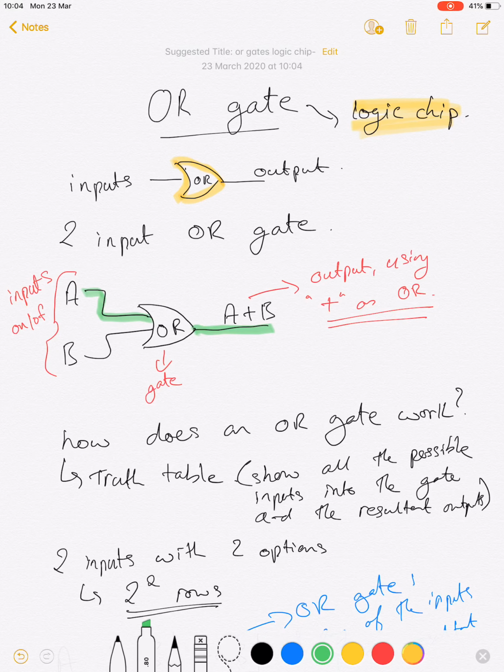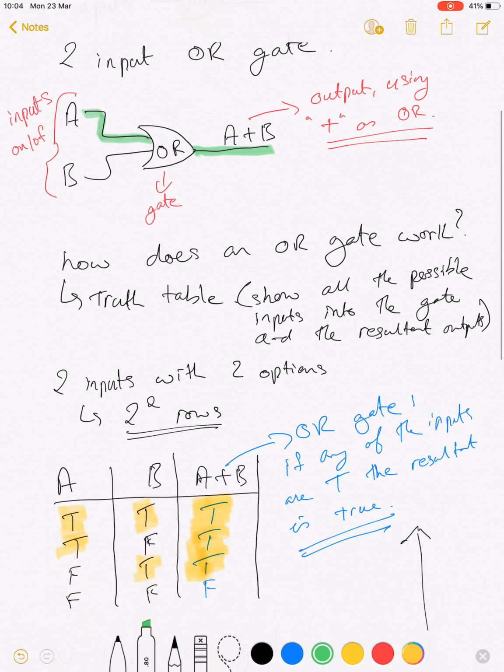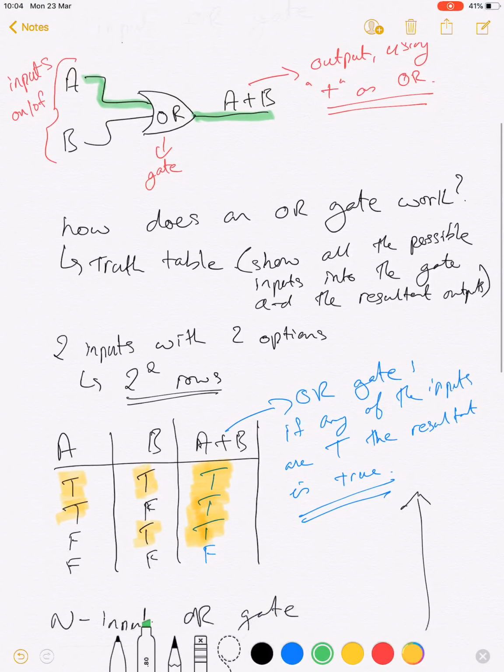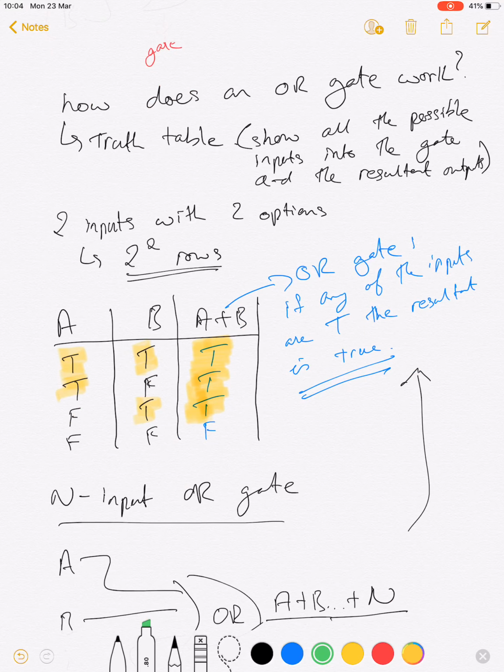To understand how this gate works, we then have to construct a truth table. When we look at the truth table, it shows all the possible inputs into the gate and the resultant outputs. And now we draw our initial configuration for our truth table.